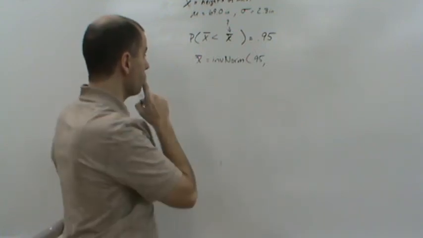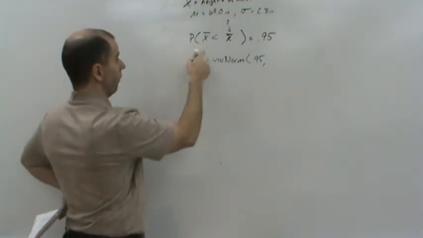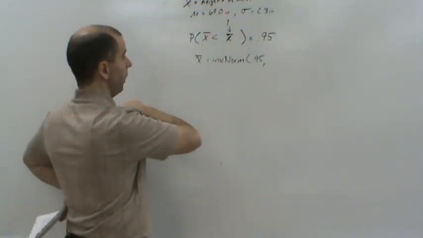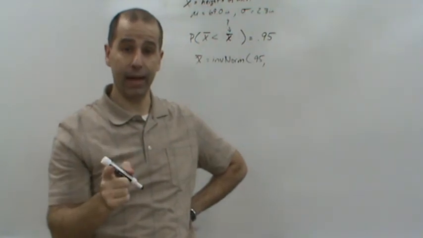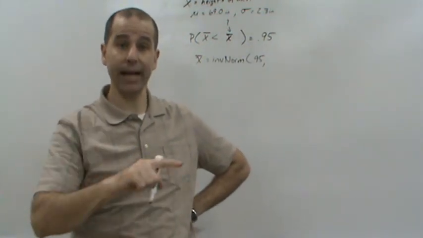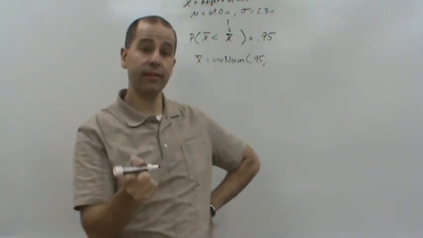Now here's the thing. We need to know the distribution of x bar. Well, in this case, the heights of men, heights of women, this is normally distributed.